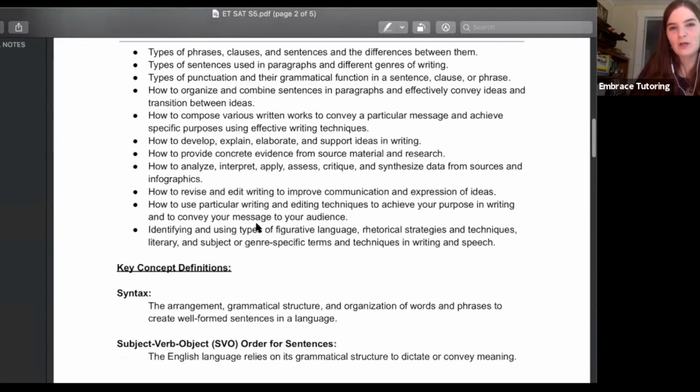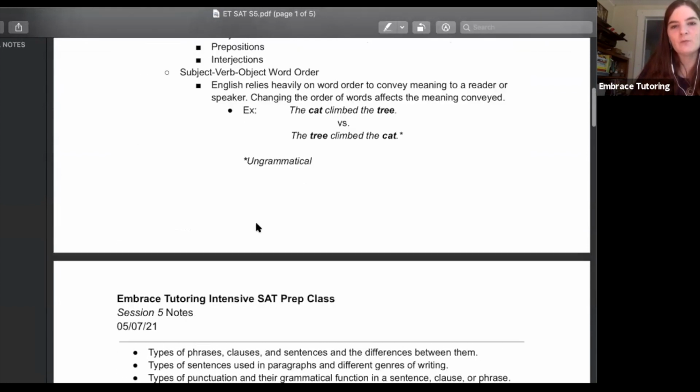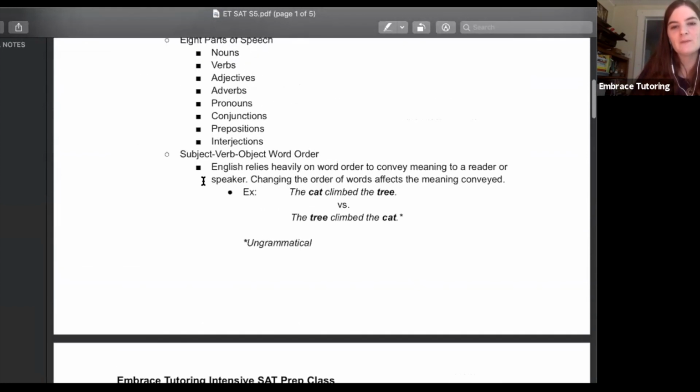It doesn't actually work. So generally speaking, you have a subject, so a noun or a pronoun, followed by a verb, so an action word of some sort, whether it's mental action, physical action, state of being, or a complement, where you're dealing with, the book is red, red as in the color.